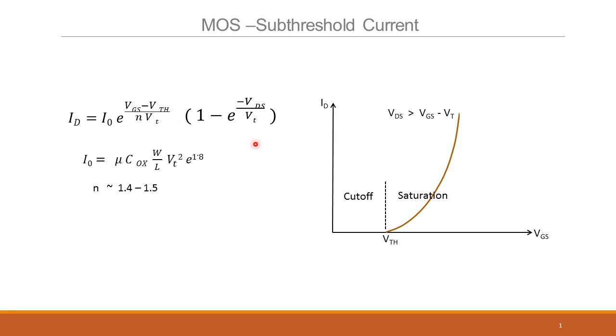You will get your original equation I naught e power (VGS minus VTH) by N VT. So this is a small modification to accommodate for variations with VDS. So for all our future discussions, we'll just confine ourselves to this portion of the equation, assuming that the VDS is at least 2x or 3x the 26 millivolts, which is not a fairly bad approximation in most of the cases.